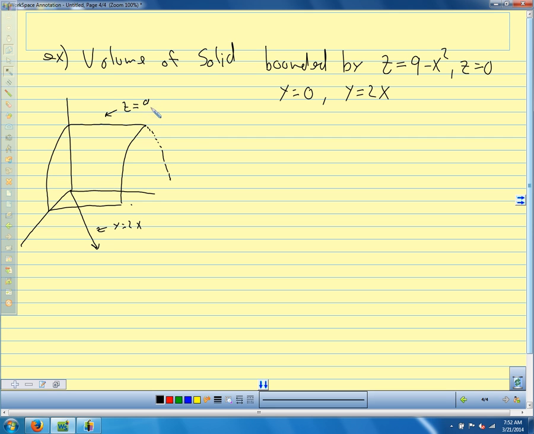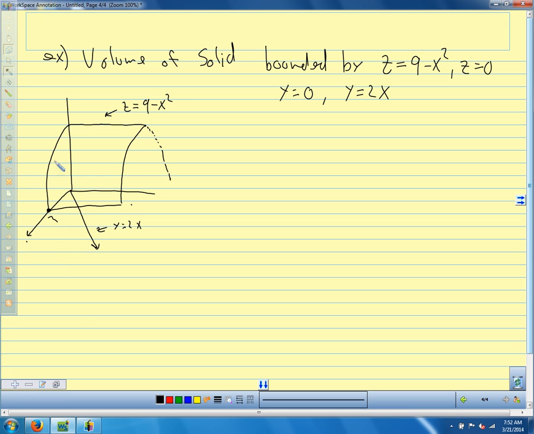Z equals 9 minus x squared. And what's this point going to be on the x-axis? When z equals 0, x equals 3.